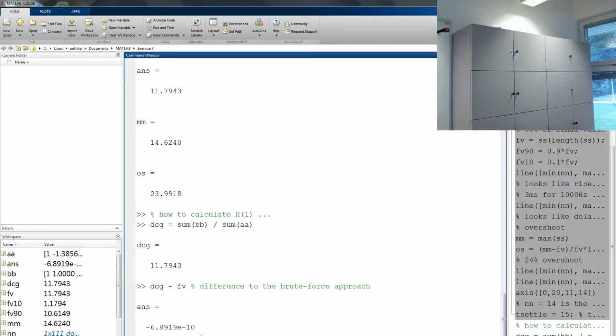So this h of z is b0 z squared plus b1 z plus b2 divided by a0 z squared plus a1 z plus a2, and here z equals 1. So it's actually b0 plus b1 plus b2 divided by a0 plus a1 plus a2, which is the sum of terms. Dirty trick.